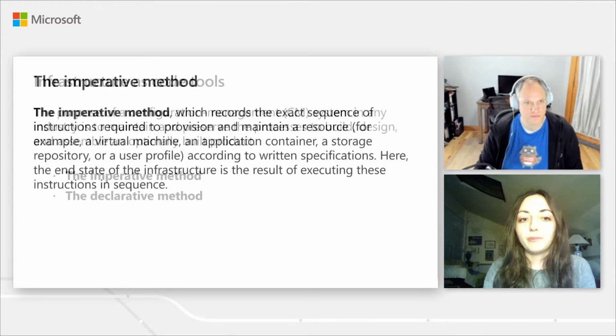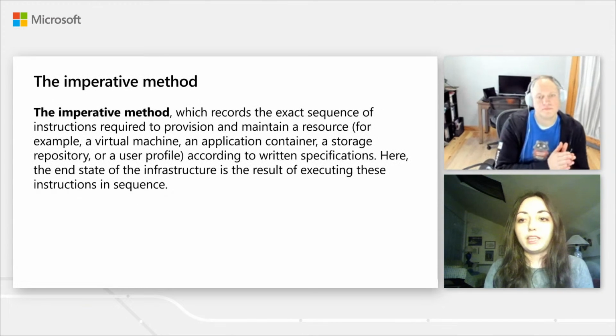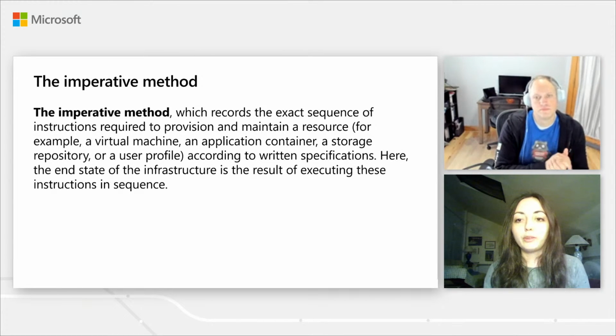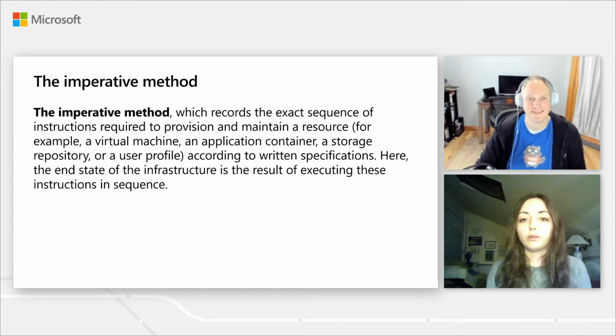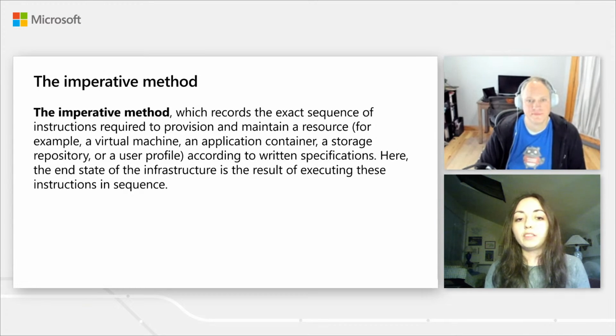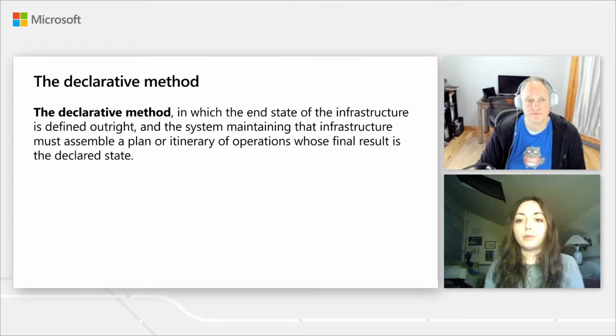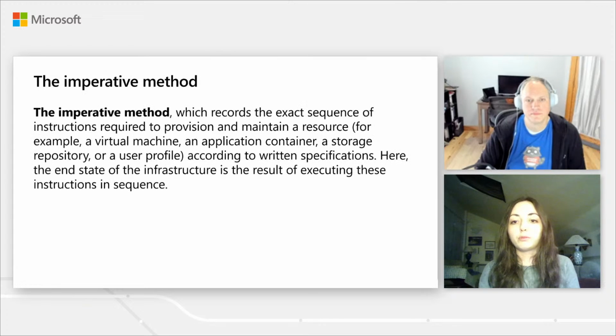In the imperative method, we record the exact sequence of instructions required to create or maintain a resource, like a virtual machine, and the end state of the solution is the result of executing all these instructions in sequence. For example, in the previous demo, we executed a sequence of bash commands to create a resource group and a virtual machine.